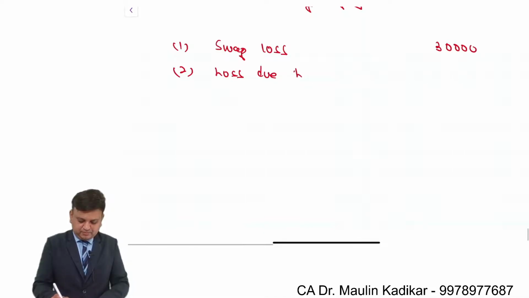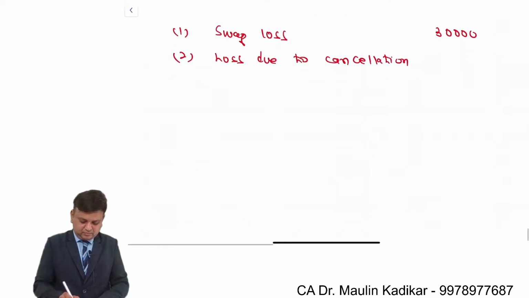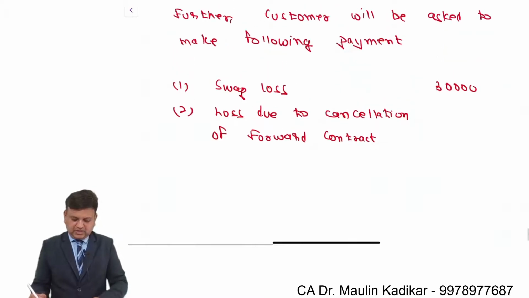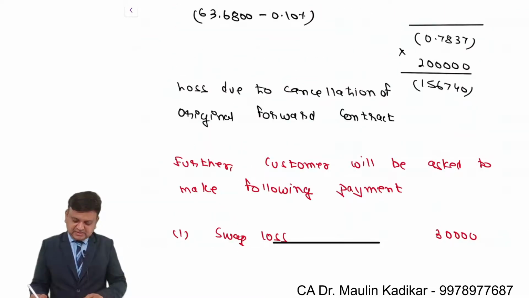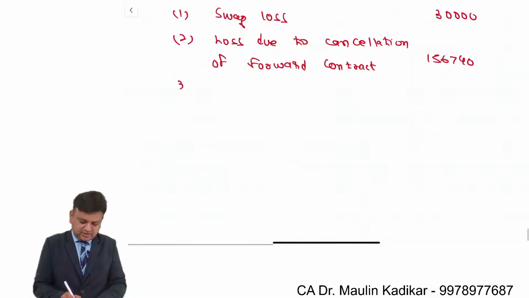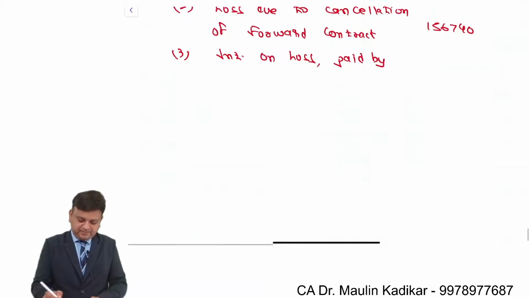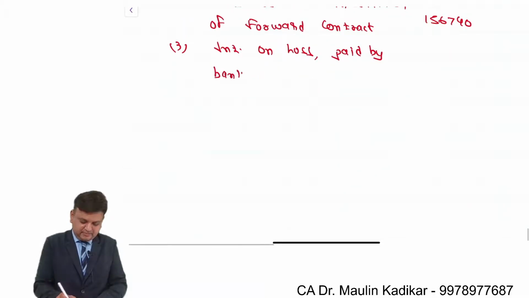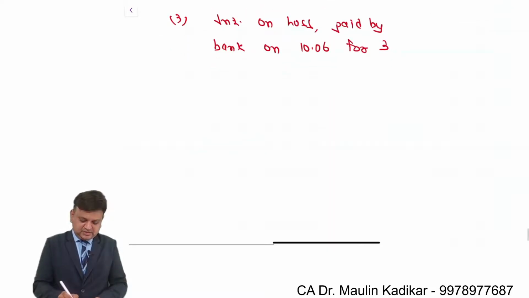Second, loss due to cancellation of forward contract is 156740. And third, interest on loss, paid by bank on 10th of June for 3 days.